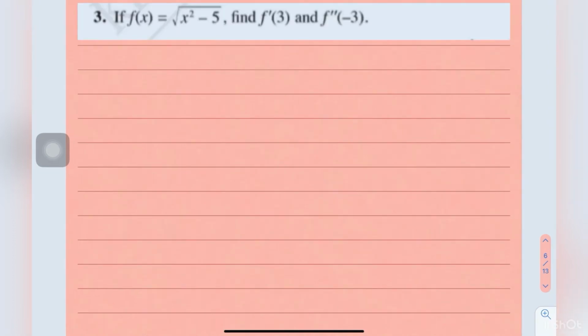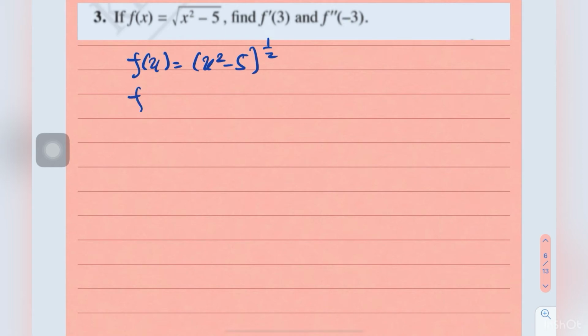Now next, question number 3. Given f(x) equals square root of x squared minus 5, which becomes x squared minus 5 power of 1 over 2. This is a composite function, so you use the power rule.